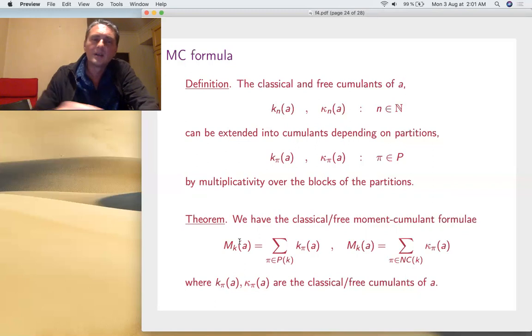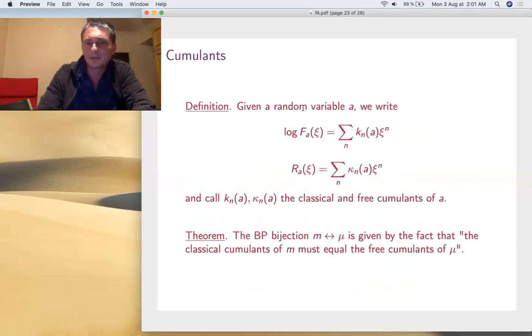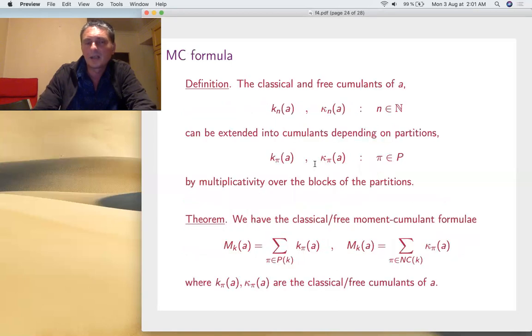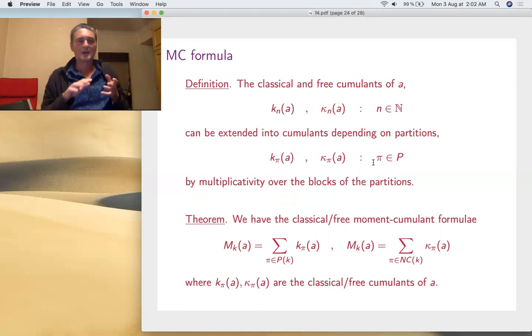The first thing is that you need to extend these cumulants to cumulants depending on partitions. So these are numeric quantities, the coefficients of log f and of R. For some technical reasons, we need to extend them with respect to all the partitions. So instead of this integer n here, we need a pi, which is a partition. How to do it?